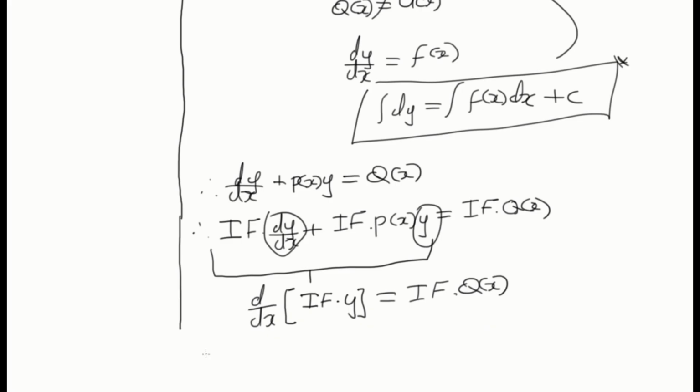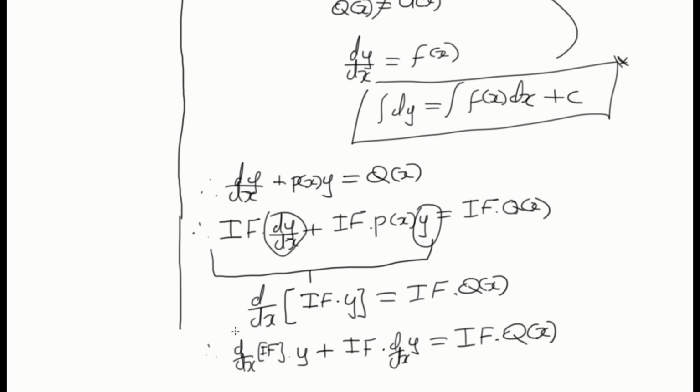So if we apply this differentiation, we will get d over dx of the integrating factor times y, as per the product rule. Therefore, d over dx of mu times y is equal to mu times q of x. This is the target.